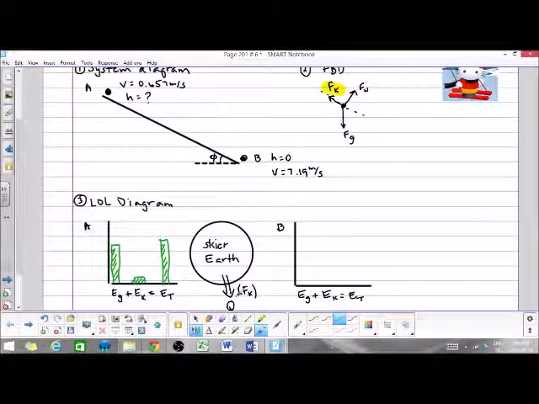Then some of the mechanical energy is lost to thermal energy. So afterwards, our total mechanical energy is going to be lower than it was before. So I'm drawing that bar intentionally shorter. And down at the bottom of the hill, there's no gravitational potential energy. So that total energy is made up entirely of kinetic energy. Great.